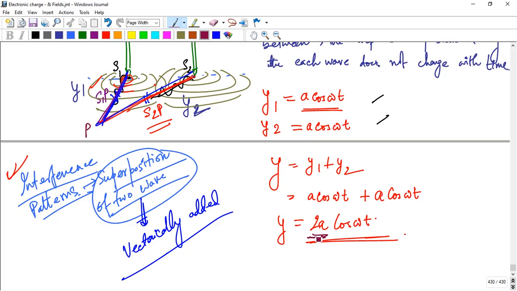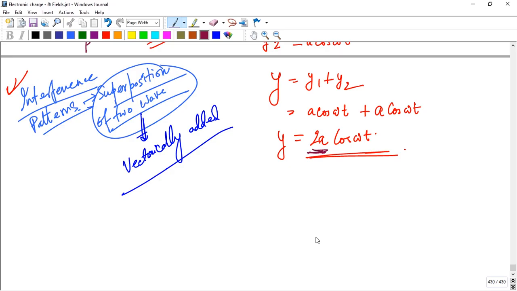When two waves are superimposed, the amplitude may sometimes be very high and sometimes very low. Keep in mind that this amplitude is proportional to the intensity.